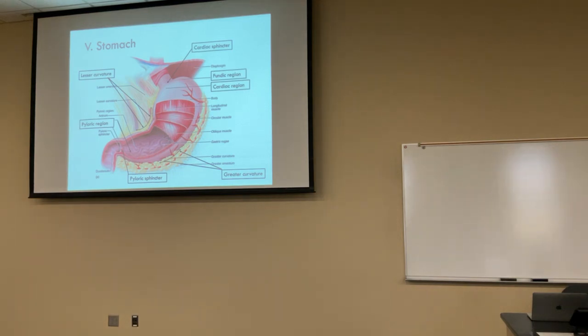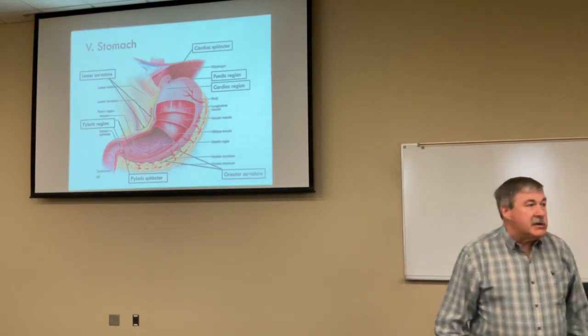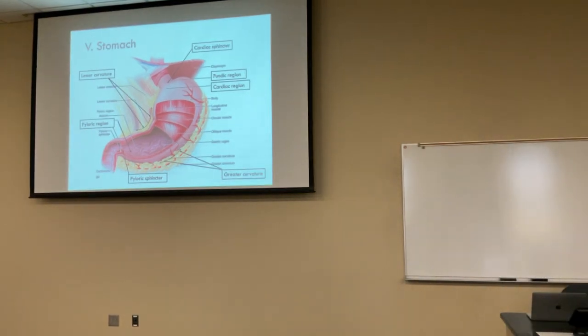This first part that food first enters from the esophagus is called the cardiac region. I'm not sure why they call it that, but it's the part of the stomach closest to the heart. That's probably why it's called the cardiac region. It's not right next to the heart, but it's the closest part to the heart. So they call this the cardiac region.